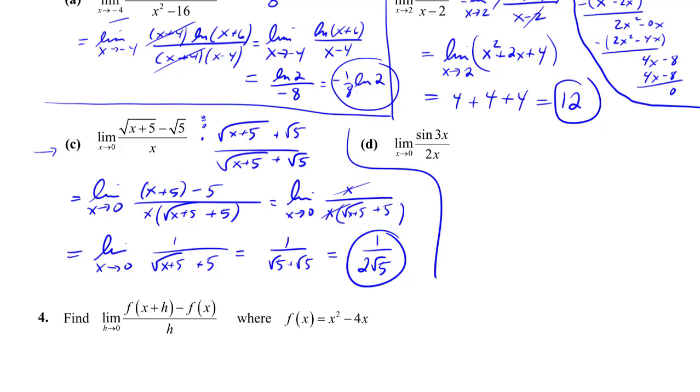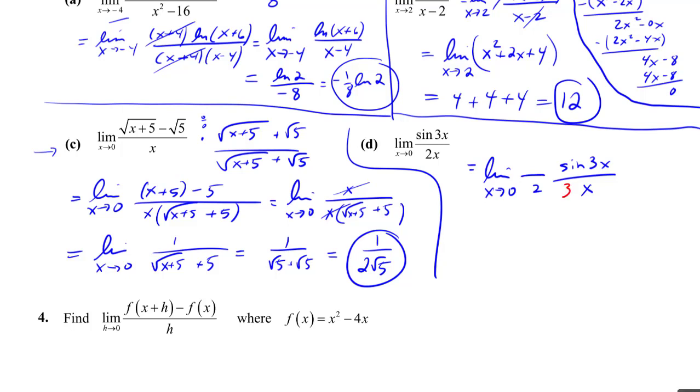Now, when I see this is a 0 over 0, but it is that special limit: the limit as x approaches 0 of sine kx over kx being 1, but I have to manipulate it into that situation. So basically, I'm looking at it like this. I have sine 3x over 2x, but I'm going to bring the 2 out here like this. That's the same thing. But I want to make sure I have a 3x under the sine 3x.